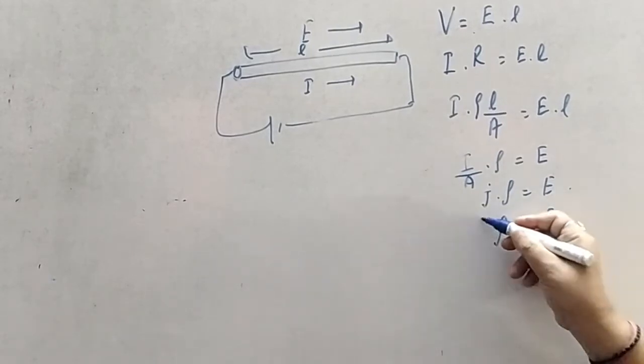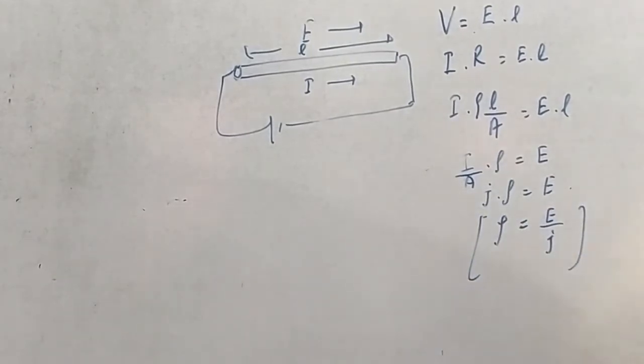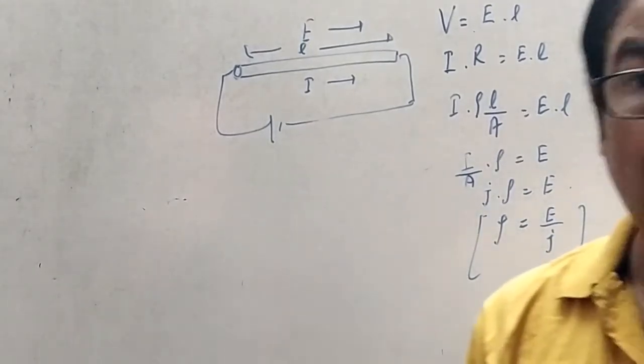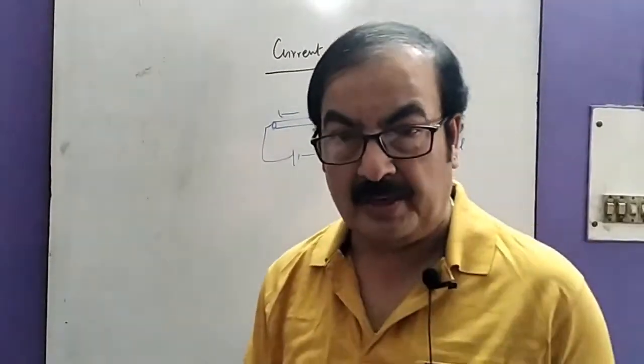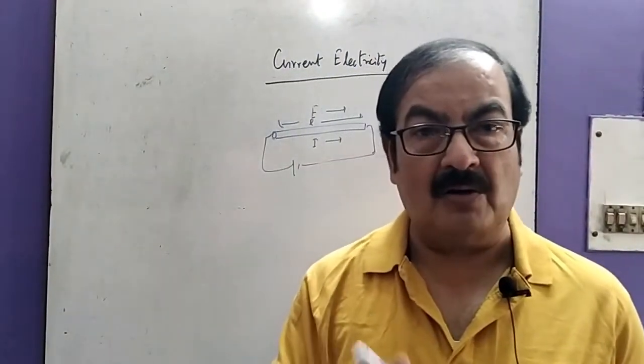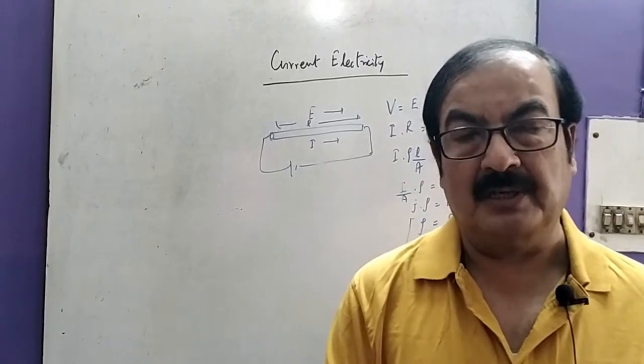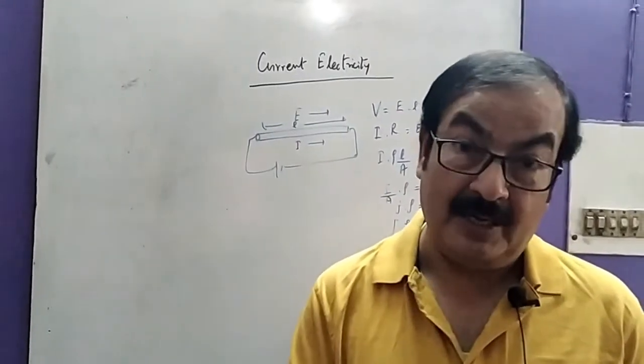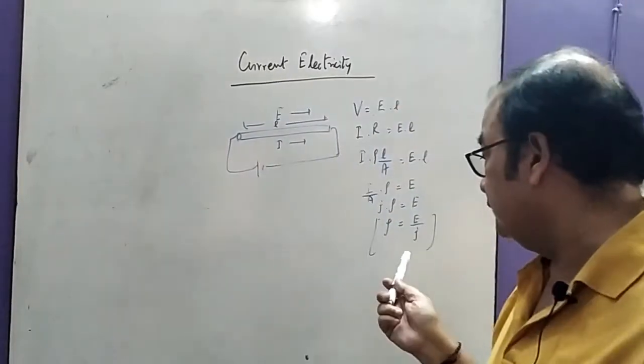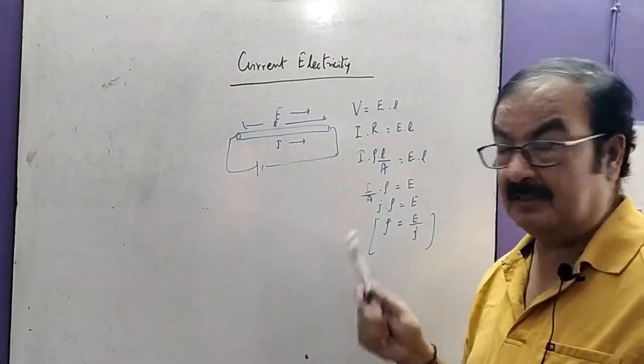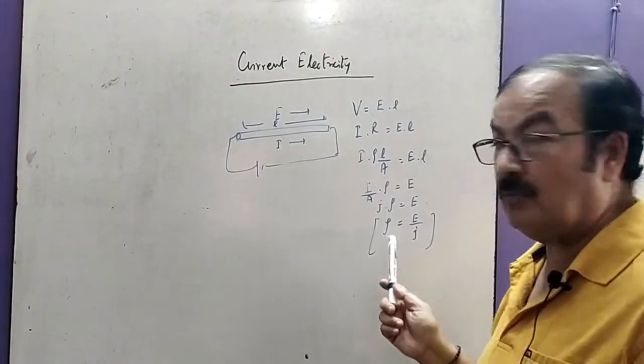That is, the resistivity of the material of a wire or a conductor is always equal to the ratio between electric field and the current density. This is another definition of rho.